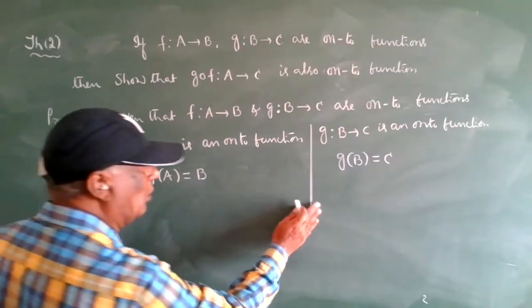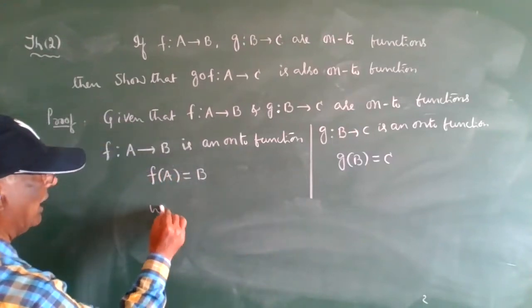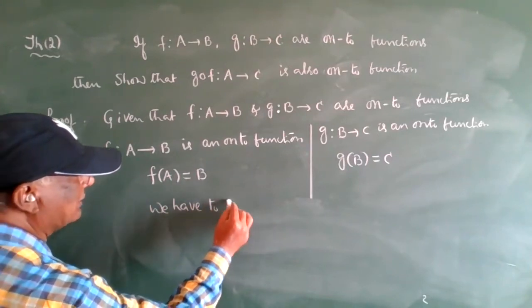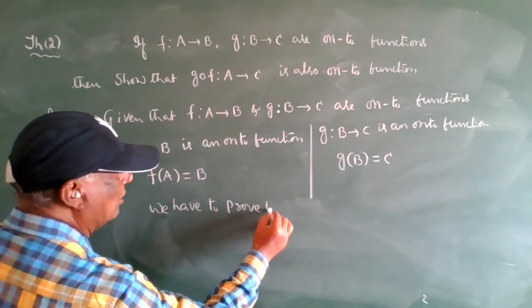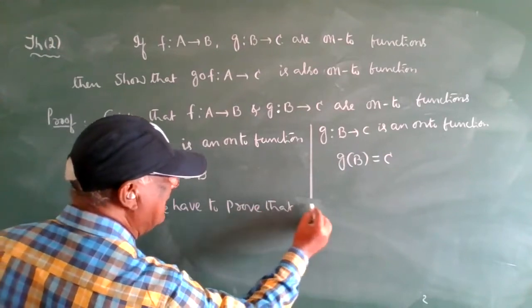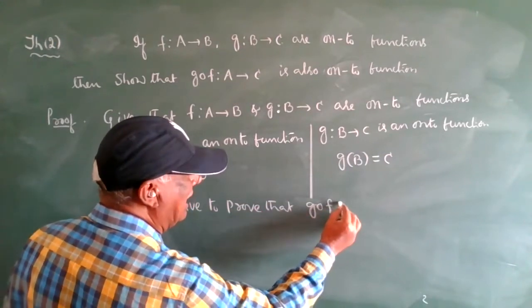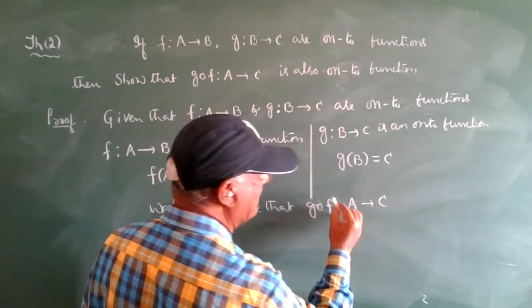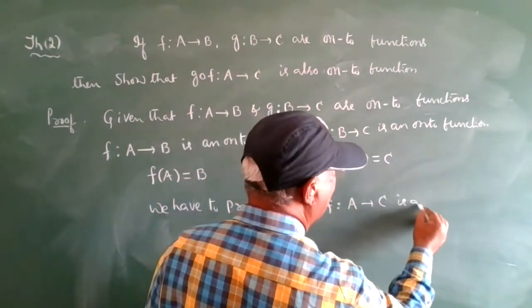We have to prove that g circle f mapping A to C is also an onto function.